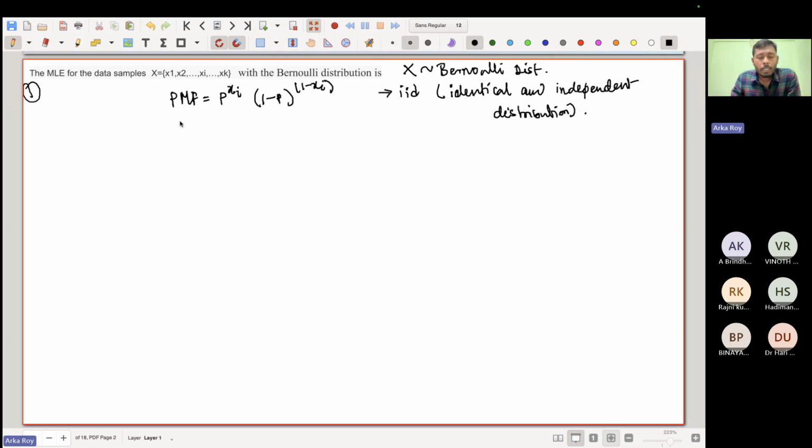Since they are independent of each other, the likelihood function would be the product of all such PMFs for all the points. So I can write it as the product from i equals 1 to k of p to the power xi times 1 minus p to the power 1 minus xi.